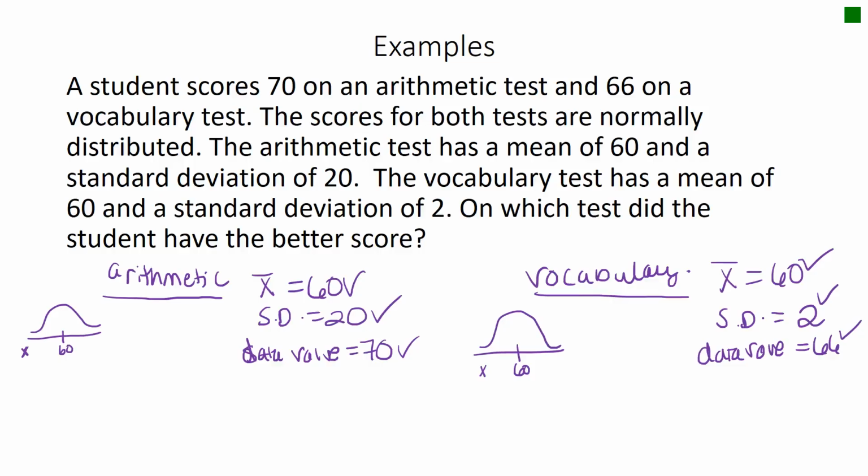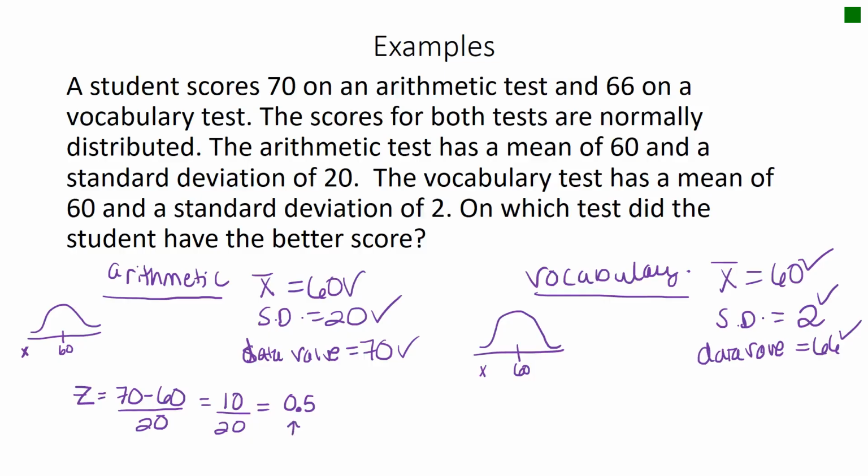So let's go ahead and compute the z-score. The z-score is the data value minus the mean over the standard deviation. So this one's going to have a z-score of 0.5.